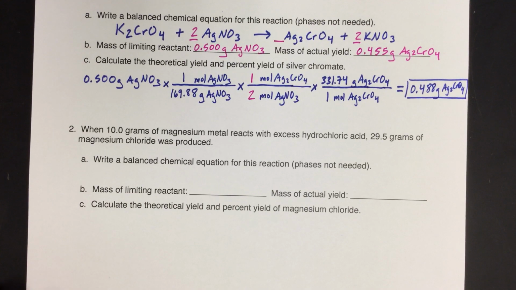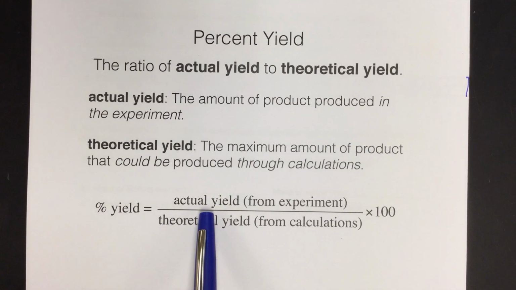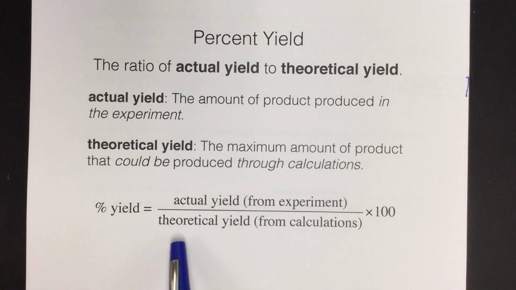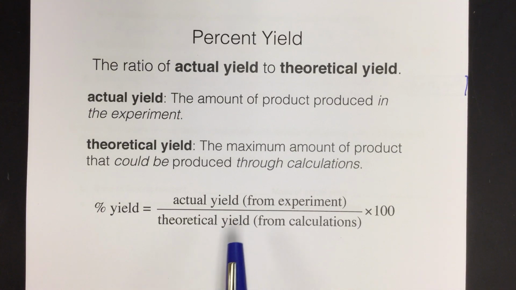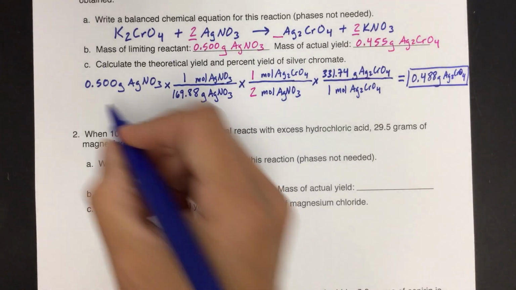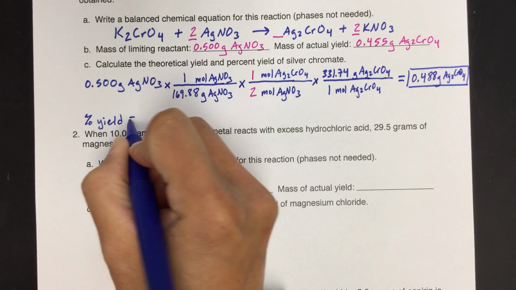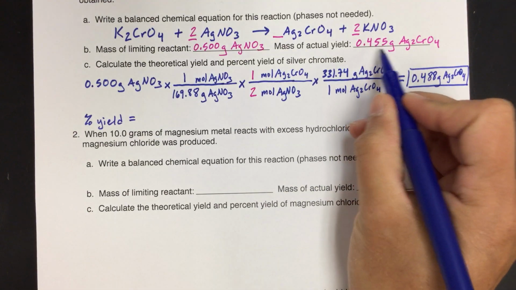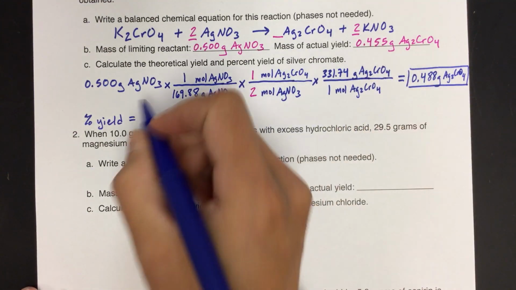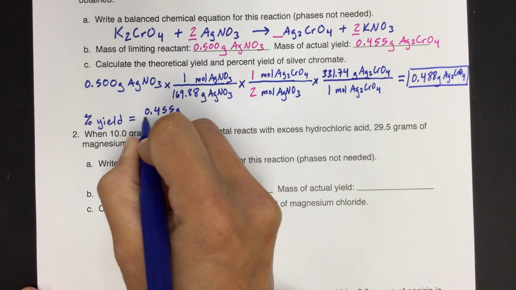So to calculate the percent yield, if we refer back to our formula here, the percent yield is the actual yield from the experiment divided by the theoretical yield, which we calculated, times 100. So to get the percent yield, we're going to take the actual yield, which is this number here, 0.455 grams.